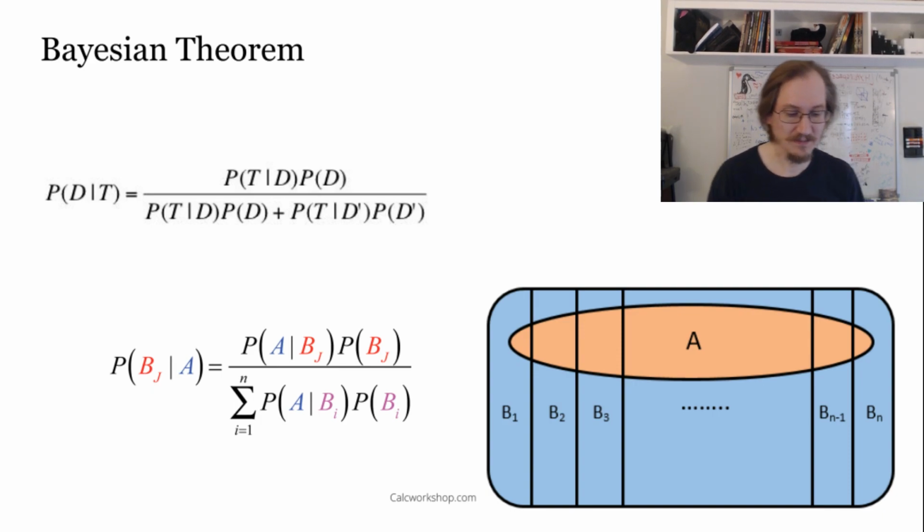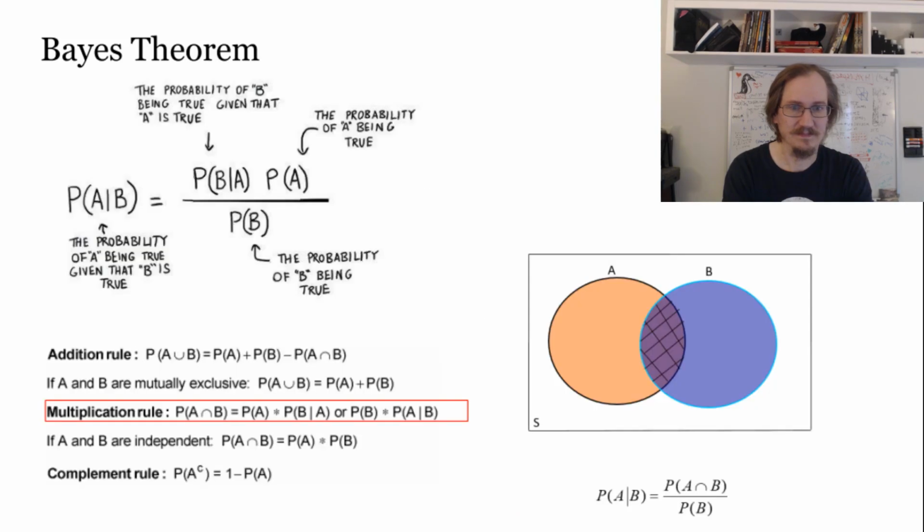Learn Bayes' theorem. It can come in different forms. This is the partition form over the state space, right? It can be multiple states, or it could just be two: one state and its complement. Another way to view it is as the intersection of two probabilities using the multiplication rule, right?